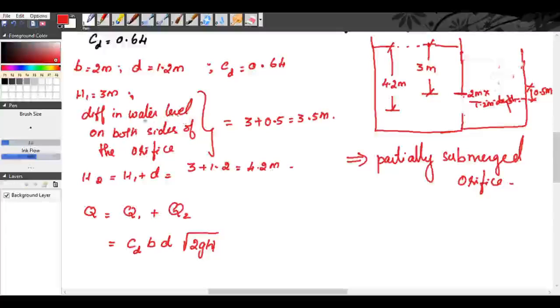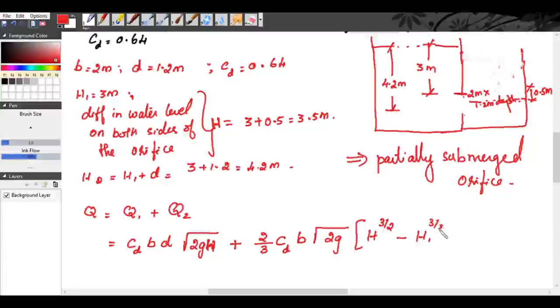So this H is the difference in water level on both sides of the orifice, plus Q2, for the partially submerged part, will be equal to 2 by 3 CD into B into root of 2g into H raised to 3 by 2 minus H1 raised to 3 by 2.